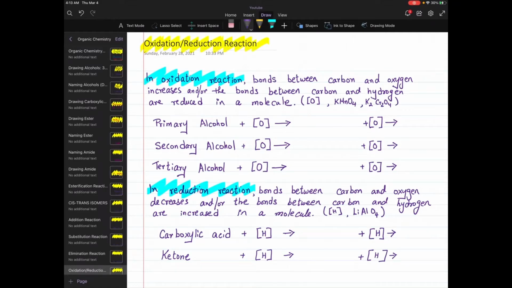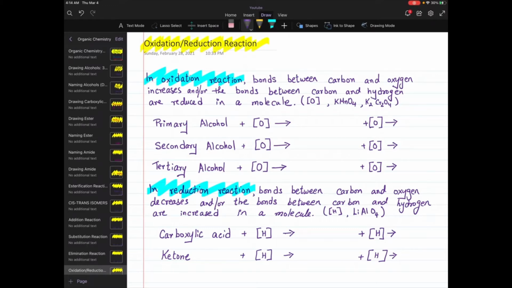Now, when a substance is oxidized, it can result in the production of different products. For example, a primary alcohol has one bond between the carbon and the oxygen, because it's an OH group attached to the carbon chain. So when a primary alcohol, which means the hydroxyl group is on the end of the molecule, undergoes an oxidation reaction, it will increase the bond between the oxygen and the carbon.